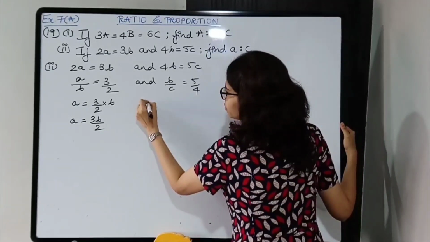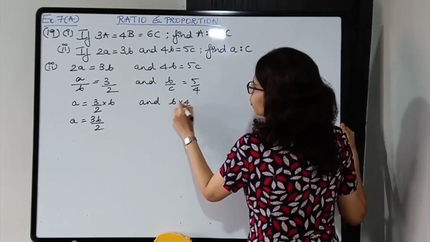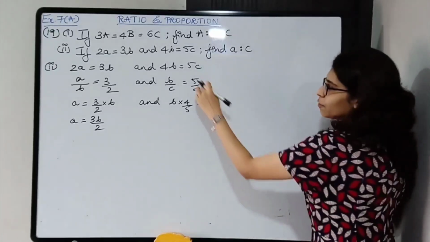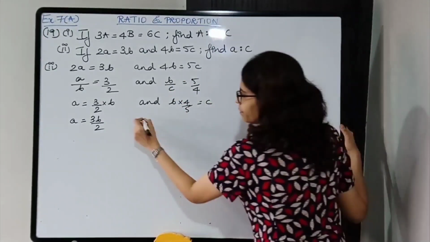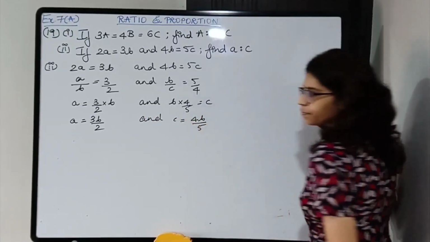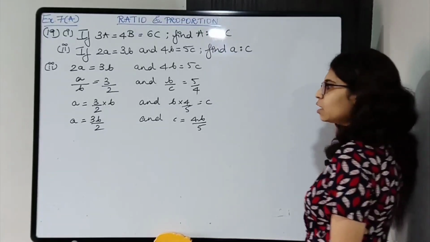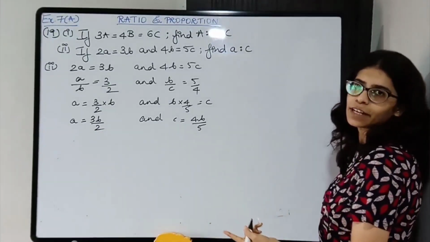So I can say b into 4 upon 5 is equal to c. When you shift this on the other side, reciprocal हो जाएगा and c will go in numerator. So c is equal to 4b upon 5. Okay, now I got a, I got c. I can just find out the ratio.